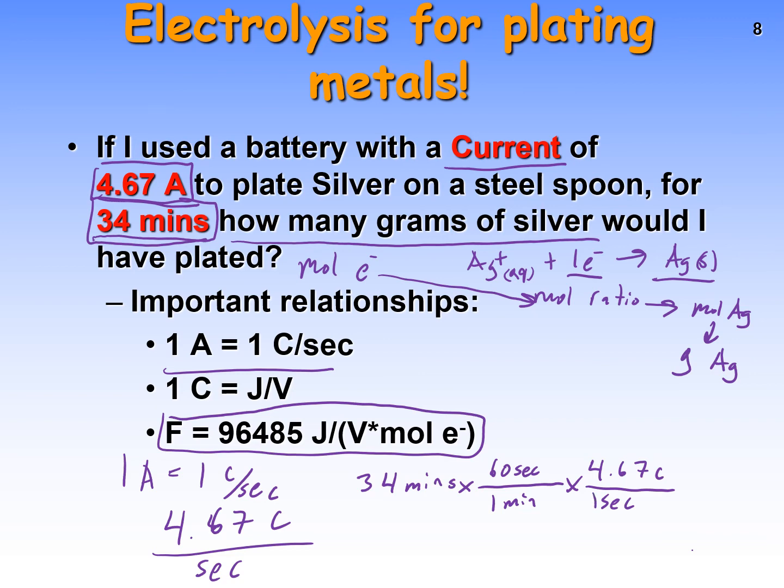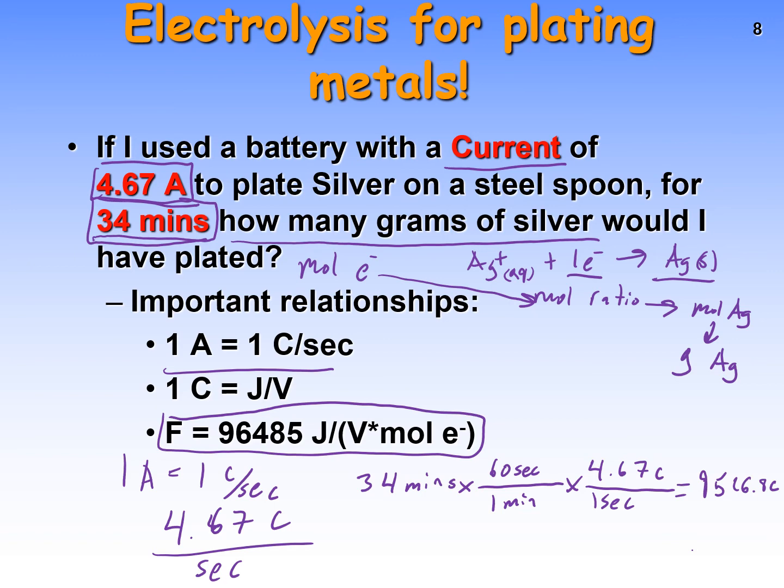I can get coulombs, all right? And so if I calculate that value out just as a placeholder here, we get 34 times 60 times 4.67, which gives me 9,526.8 coulombs.